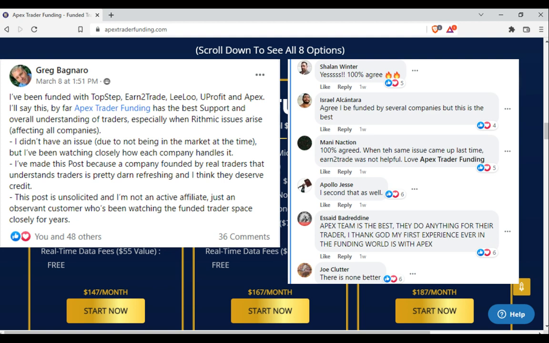Another person saying, same issue came up last time with Earn to Trade, and they did not help. Apex team is the best. They do everything for their trader. So if you're considering trading with a prop firm, these are just some more testimonies to show that Apex is probably one of the best companies out there.